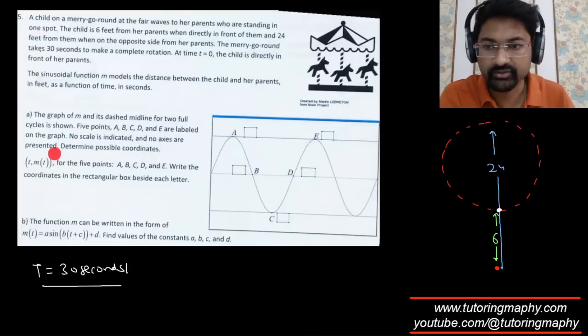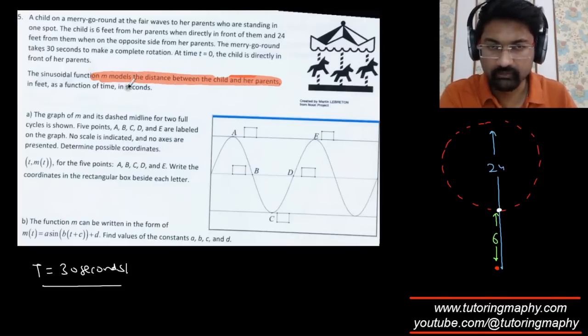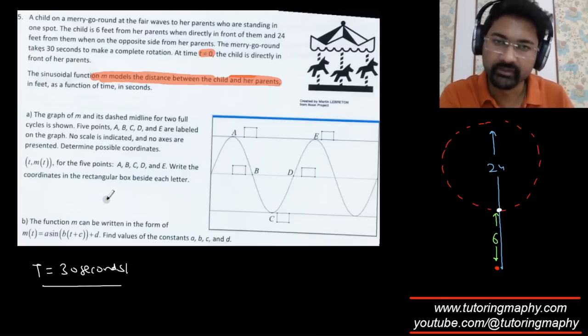No scale is indicated, no axis is presented. Find possible coordinates of A, B, C, D, E in the form t, M of t, where M is the distance between the child and her parents. Keeping in mind what M is, and that t is time, we have to fill the corners.